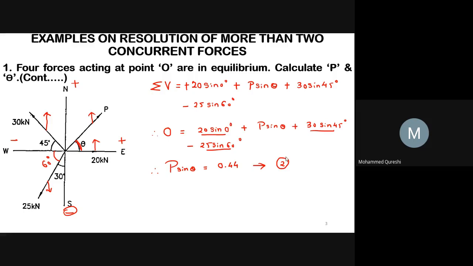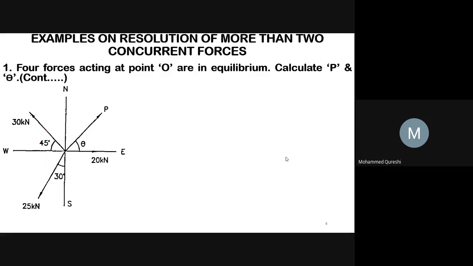And we know that since both the systems, sigma h and sigma v, are in equilibrium, our resultant will also be 0. So we can't use the equation capital R equals under root of sigma h square plus sigma v square. So we have to solve this in terms of P sine theta and P cos theta, that is equation 1 and equation 2.